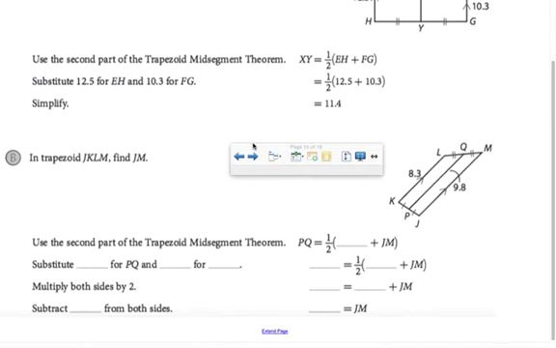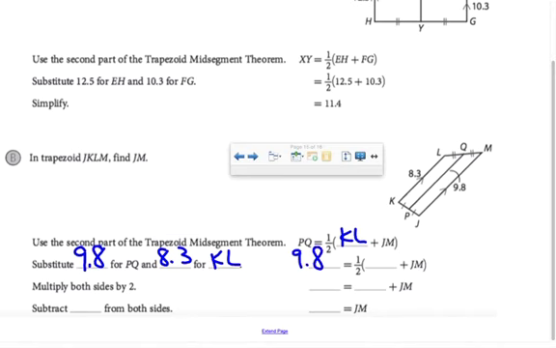So PQ is going to equal half the length of KL plus JM. I'm going to substitute in x for PQ. Oh no, this time I know the length of PQ. So I'm going to substitute in 9.8 for PQ and 8.3 for KL.